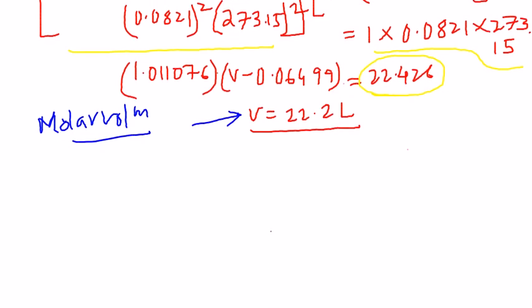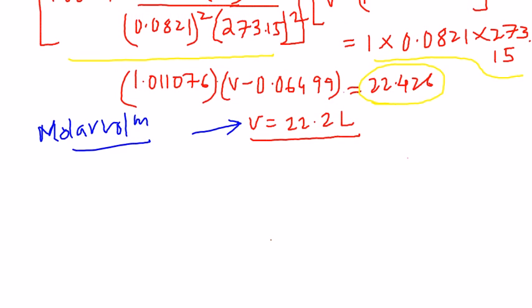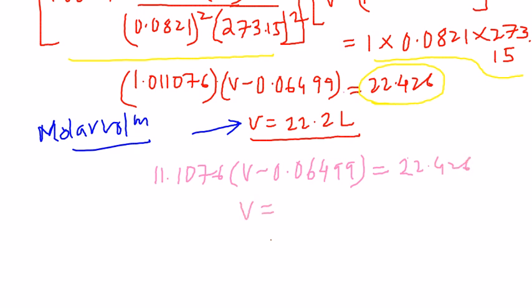Moral of the story is, if you crunch the numbers correctly, you should end up with 11.1076 times V minus 0.06499, which is equal to, as usual, the right side stays the same, 22.426. Okay, and from this you can actually get the value of V to be 2.02 liters.